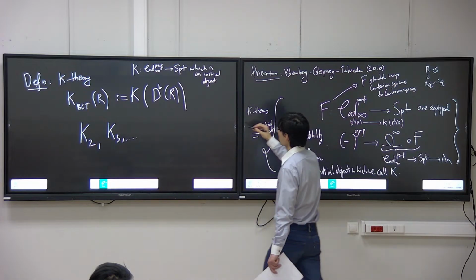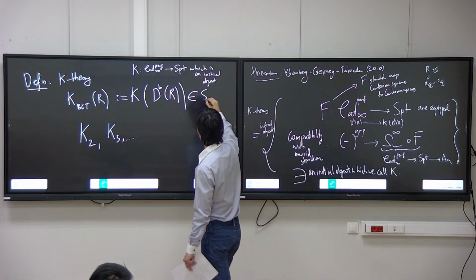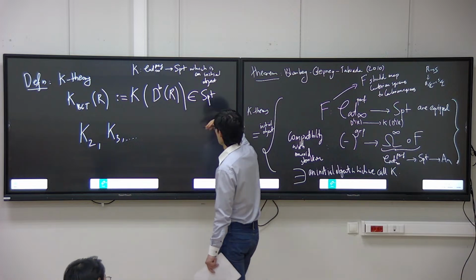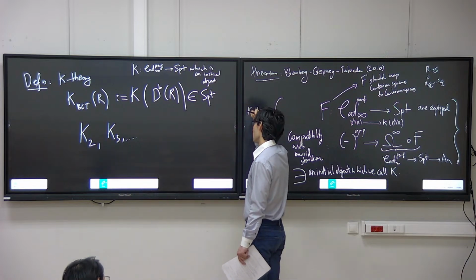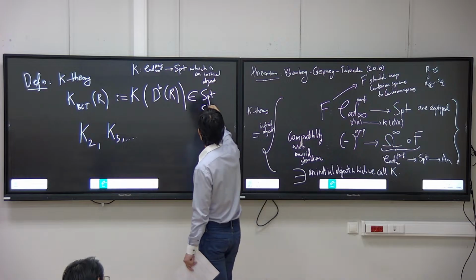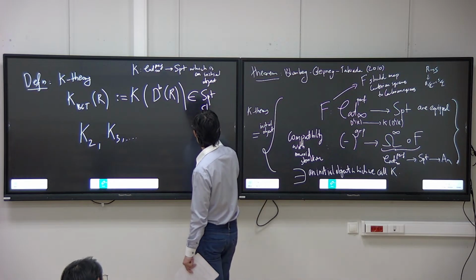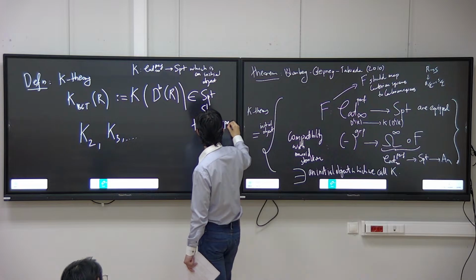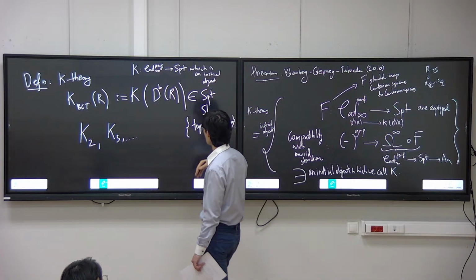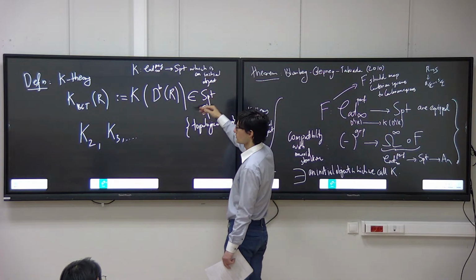So this is a spectrum, an object in spectra, which are basically topological spaces in some sense. So they look like topological spaces. So in particular, there is a natural homotopy functor here.